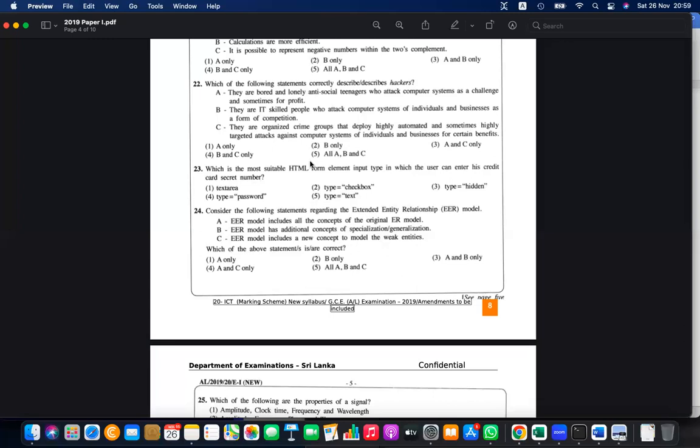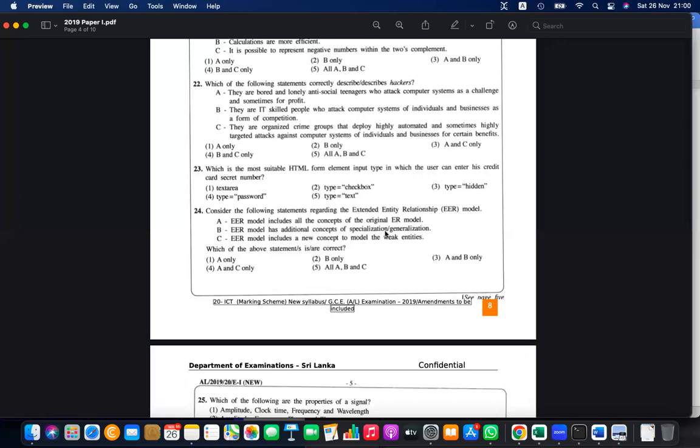EER has additional concepts like specialization and generalization. Yes, that is the enhanced version. Generalization means more general. Let's say part-time student and full-time student can be put as student. Student is an entity that can be divided into two specializations, part-time student and full-time student.